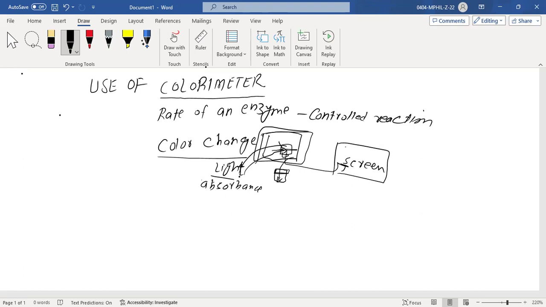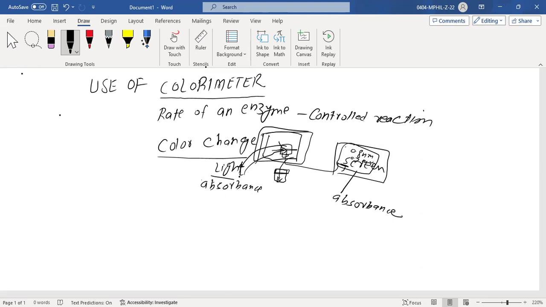There will be some reading like 0.8, like 0.7, like this. What is this reading going to show you? This reading is actually showing you absorbance. What do you mean by absorbance?